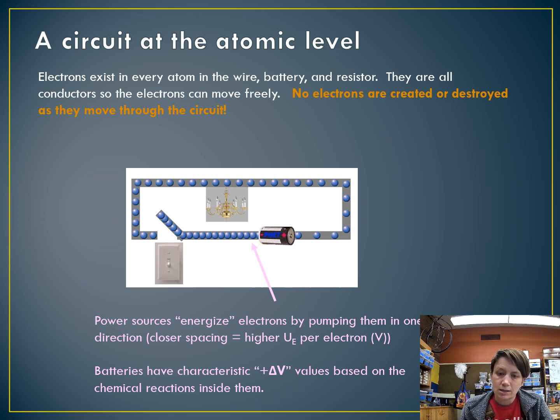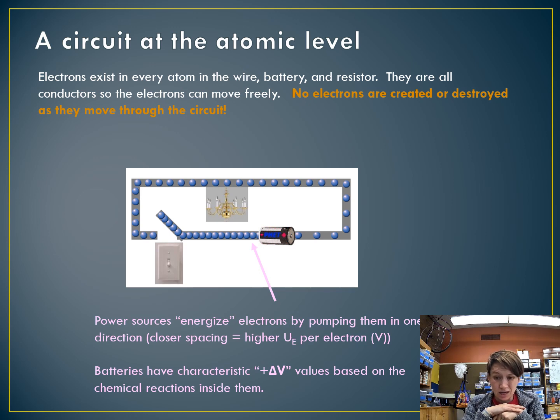The power source in the circuit, which is the battery in this diagram, is going to energize the electrons by essentially pumping them in one direction. So it uses its energy. Batteries use chemical energy. Other power sources use different kinds of energy to force those electrons into closer proximity, which increases their electric potential energy per electron, which is the voltage.